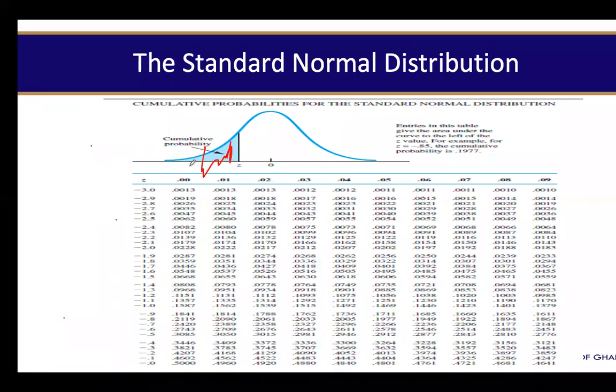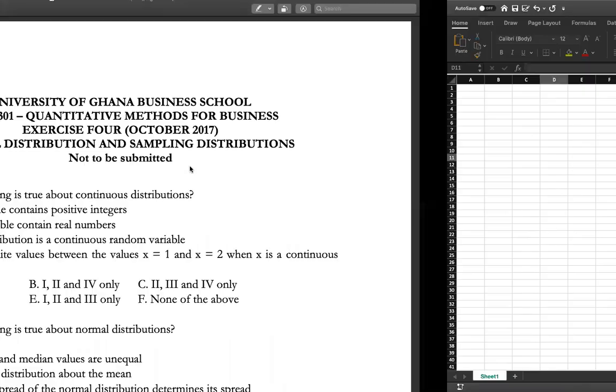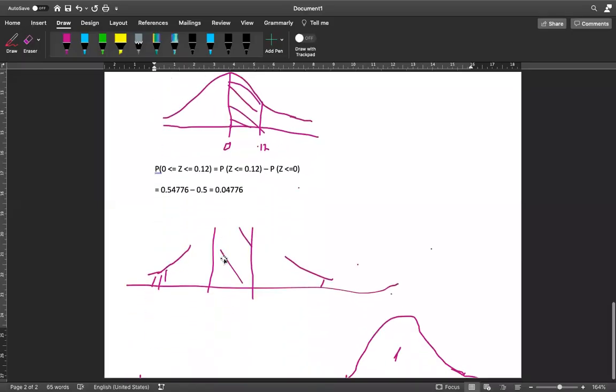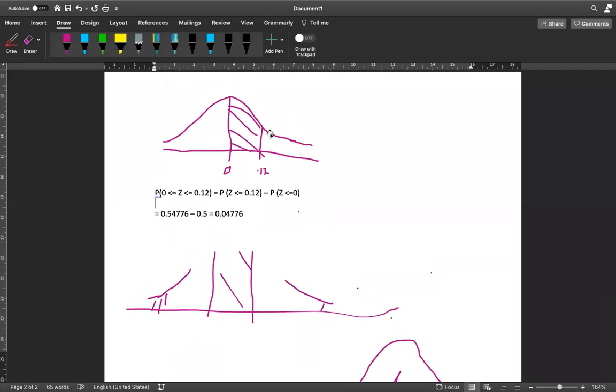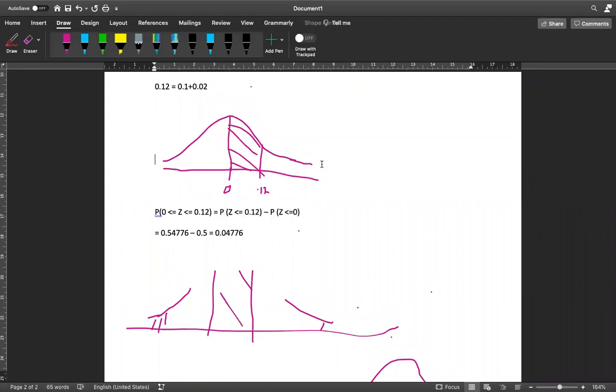So if I want the value that lies between 0 and 0.12, and I want to be able to use the table, I am not interested in the probability that z is less than or equal to 0, neither am I interested in the probability that z is less than or equal to 0.12. I am interested in the probability that z lies between 0 and 0.12. But how do we navigate?